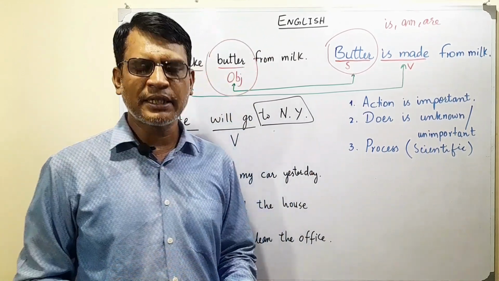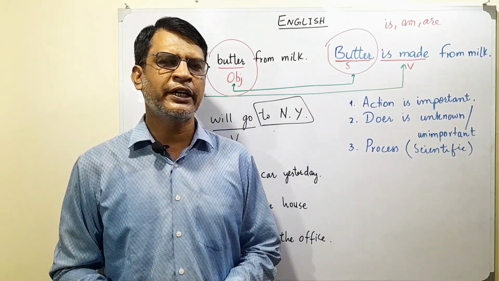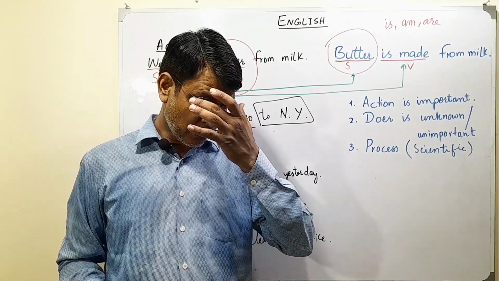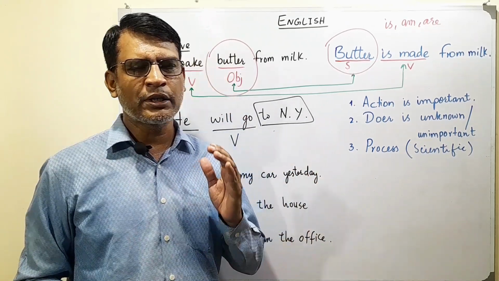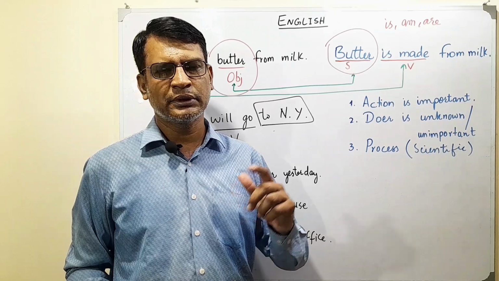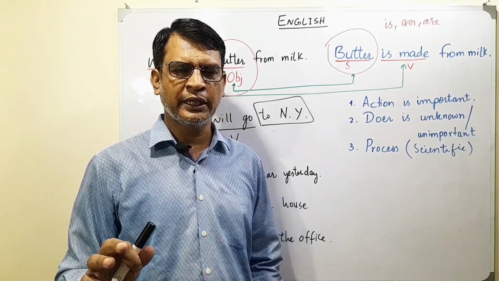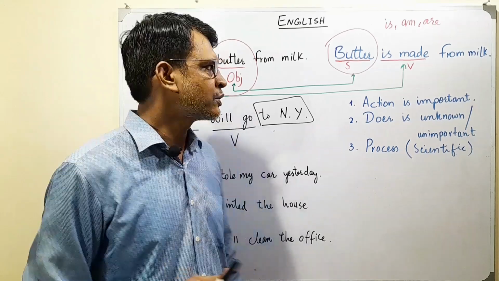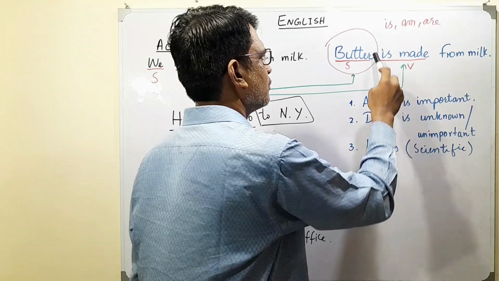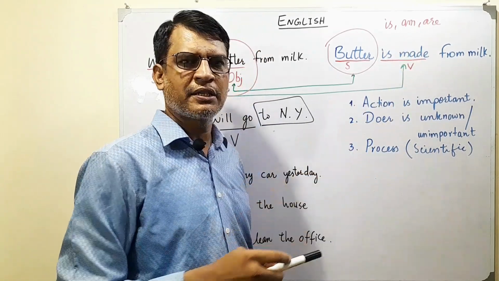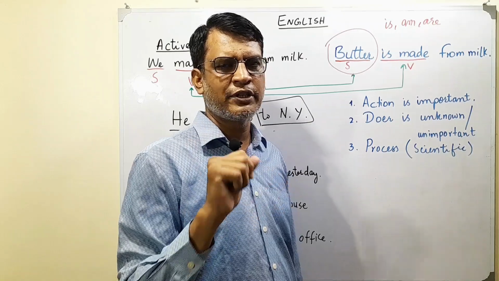And all the passive sentences, whether they are in present or past or future or perfect or whatever the tense, they all carry the third form of verb. Remember, always when you are changing an active sentence into a passive sentence, just use the third form of verb. There is no other option. So the present indefinite tense is changed into present passive tense, which is with is and the third form of verb, which is made.